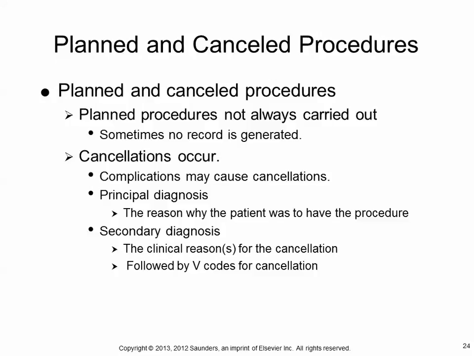Perhaps there is a case of the white flu, which is like the blue flu for police, only for nurses. Maybe the nurses are all sick, but they're actually striking. We can't do procedures because we don't have any nursing staff. Perhaps we're doing a specialized procedure that involves some very special equipment, and the equipment has malfunctioned in some way, shape, or form. In that instance, we're going to put V64.3 down.